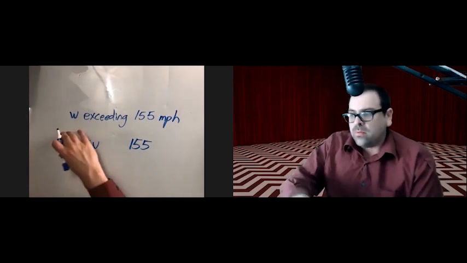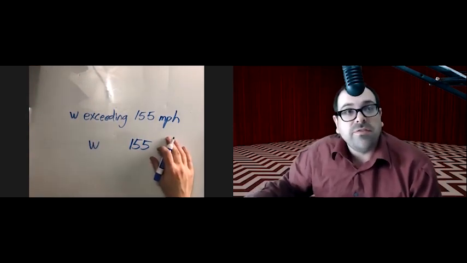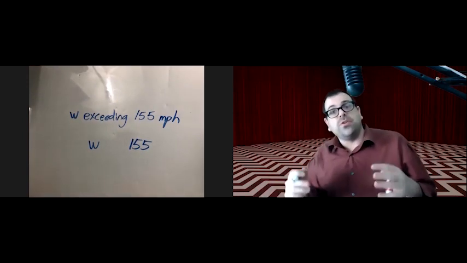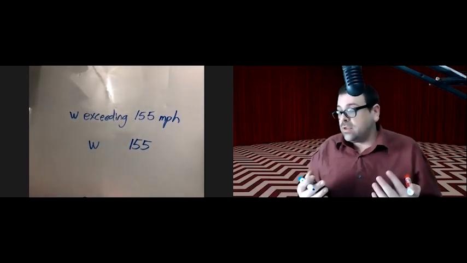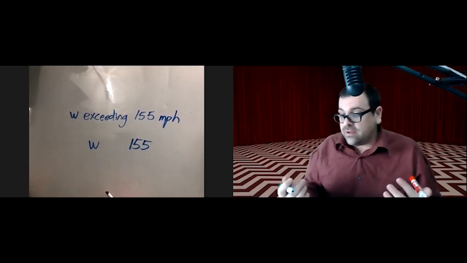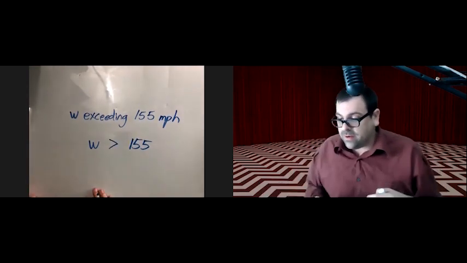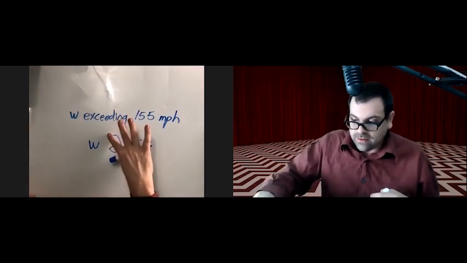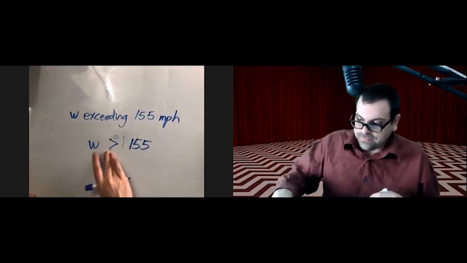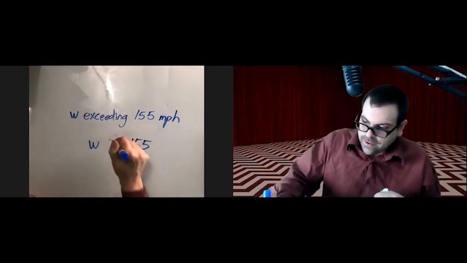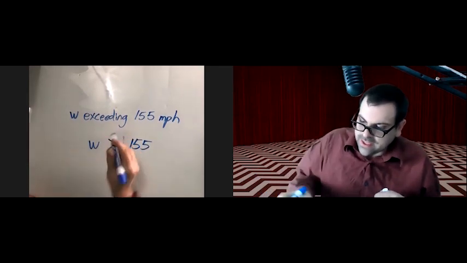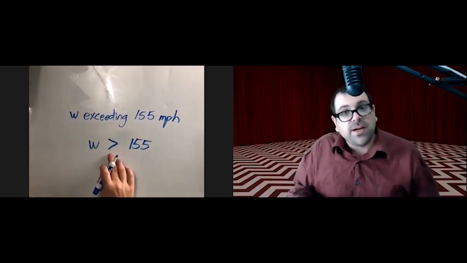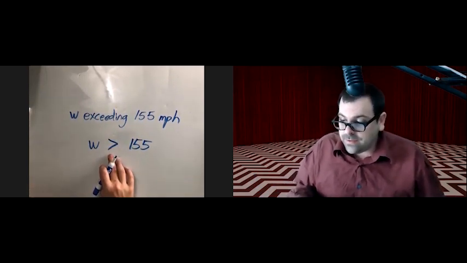Well, wind speeds that exceed 155, 156, 157, 158, you can agree these all exceed 155. These are numbers greater than. Pac-Man would be eating the greater numbers. The open end of the inequality sign faces the larger numbers. So the question is, do we put the or equal to or not?